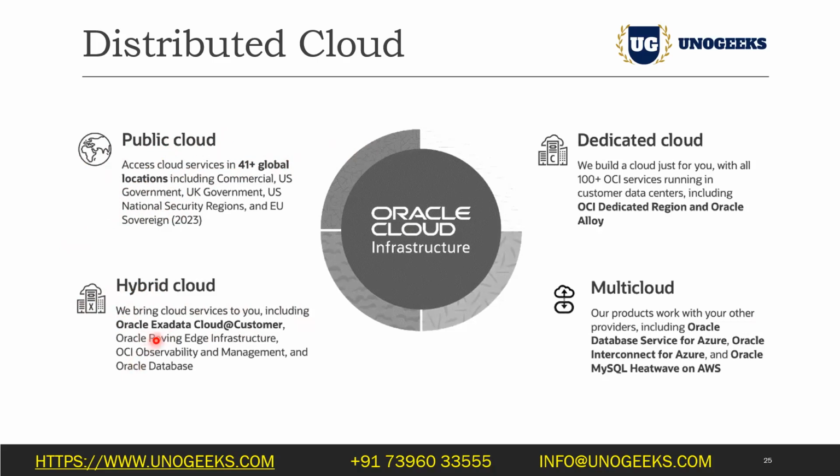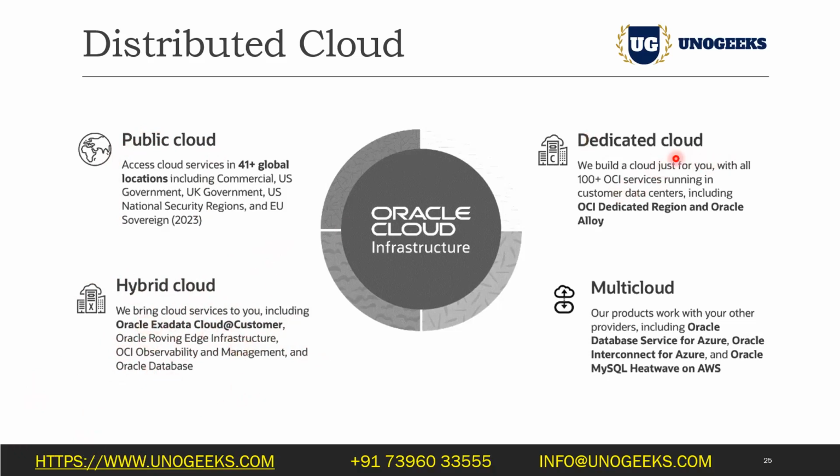In this region, they can go with their own on-prem kind of network where they can host their Exadata Cloud at Customer, or they can go with the Roving Edge infrastructure, which is called a hybrid cloud. So they have an on-prem network, and they go with the infrastructure to avail these services in their on-prem itself, which is a hybrid cloud model.